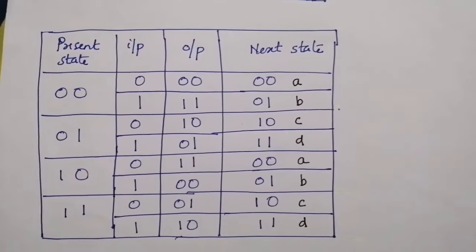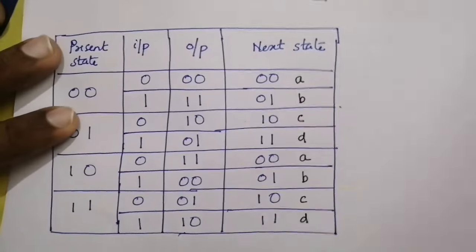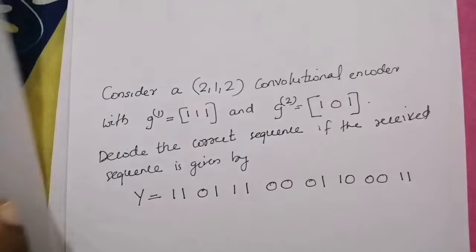After preparing the state table, the next step is to create a grid like this.